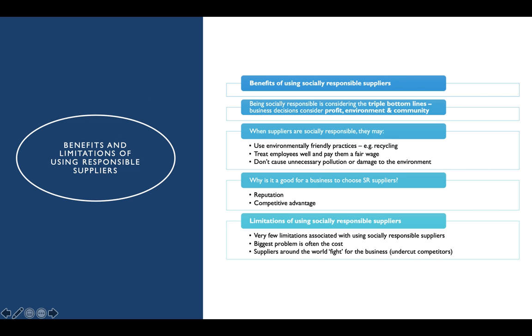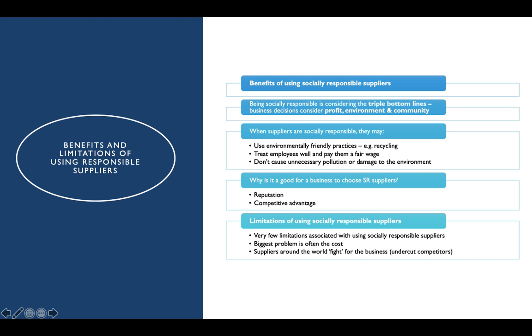All right, so the benefits and limitations of using responsible suppliers. Okay, so the benefit of using socially responsible suppliers is that we need to be responsible, considering the triple bottom line. Okay, so if we refer to the triple bottom line, what we are talking about is considerations of profit, environment, community. Okay, so if you are going to talk about the triple bottom line, you need to make sure that you have referred to those three.